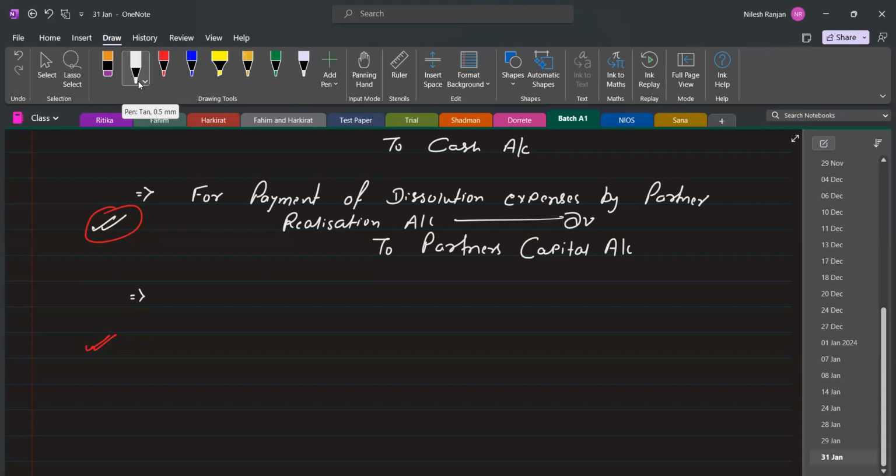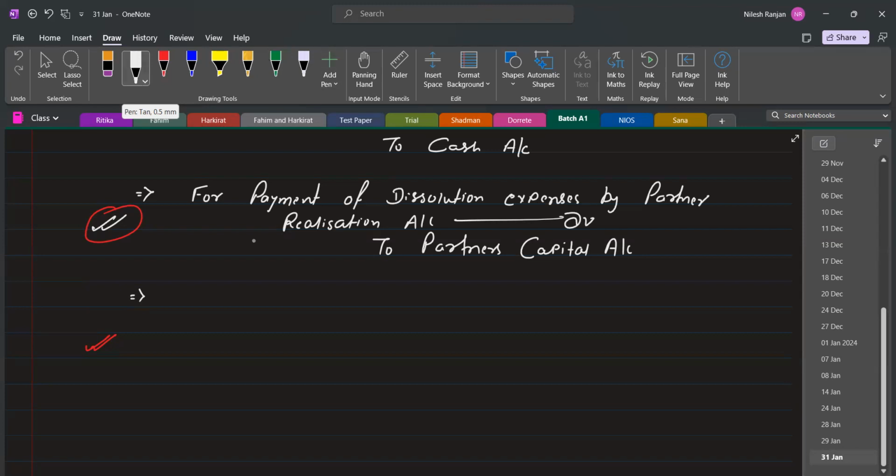So it will be the case when the firm has assigned all the work related with dissolution to a single partner, to one partner, and he has to do every work. He has to pay all the expenses by himself, and in return, he will get a remuneration from the firm. He has to bear all the expenses. So in this case, we will not pass any entry for expenses that a partner has to bear, but we will pass a journal entry for remuneration payment.